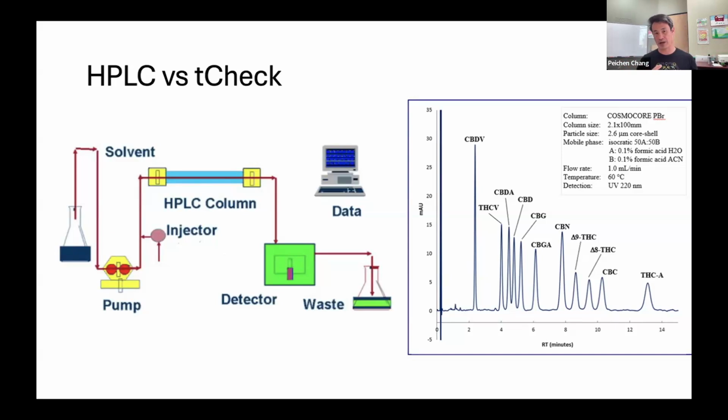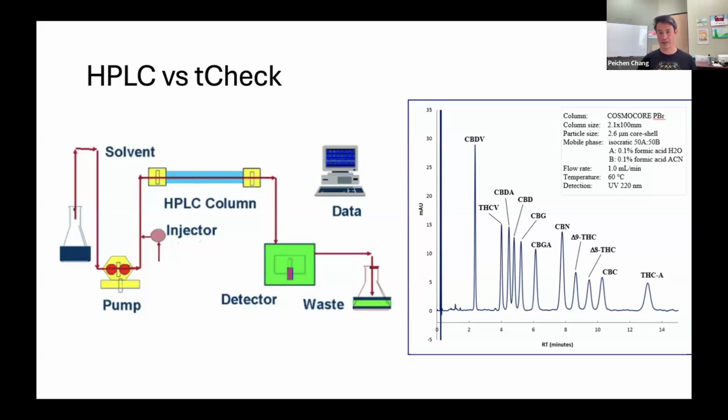That's why HPLC is able to not just count how much of one cannabinoid there is in a solution, it can also tell you which cannabinoid there is. That's sort of how the HPLC works. And again, the tCheck is actually just the green bit, the detector part of the HPLC, because the rest of it is very, very expensive and difficult to maintain.